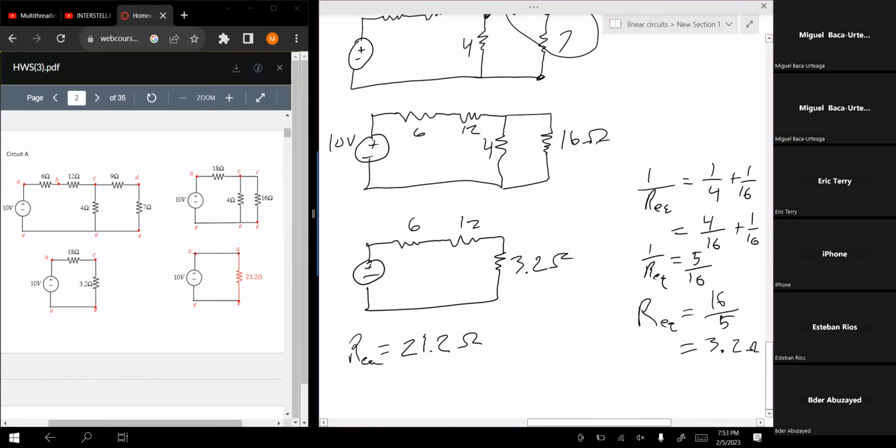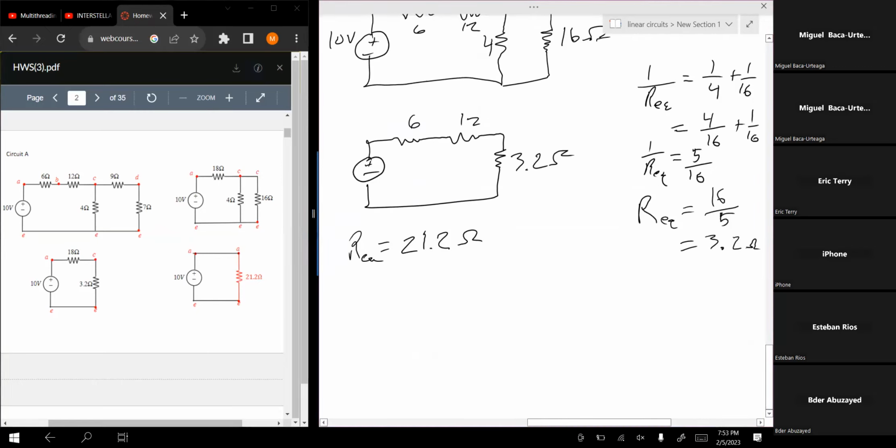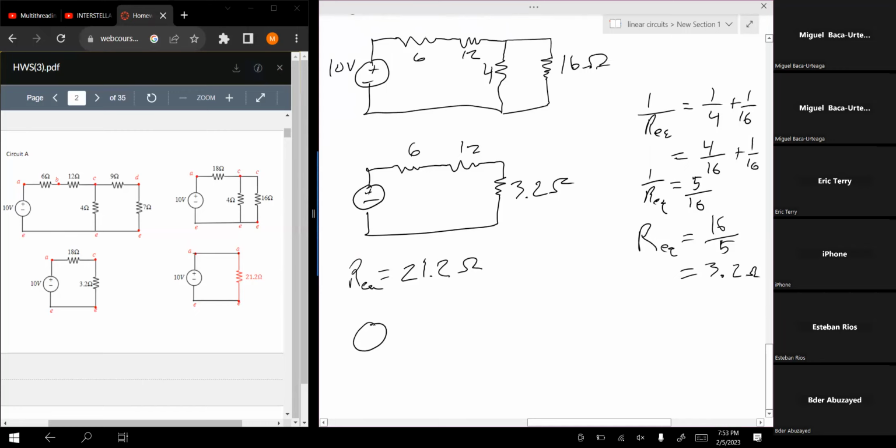One thing this does help with is that if you were to work backwards from this, you would be able to find, for example, the current flowing through each of the resistors, the voltage drop across each resistor. So for example, you have a 10-volt battery here, and then you have the 21.2 ohm resistor. Using Ohm's law, V equals IR, you know that current is equal to the voltage over the resistance, which would be 10 divided by 21.2.